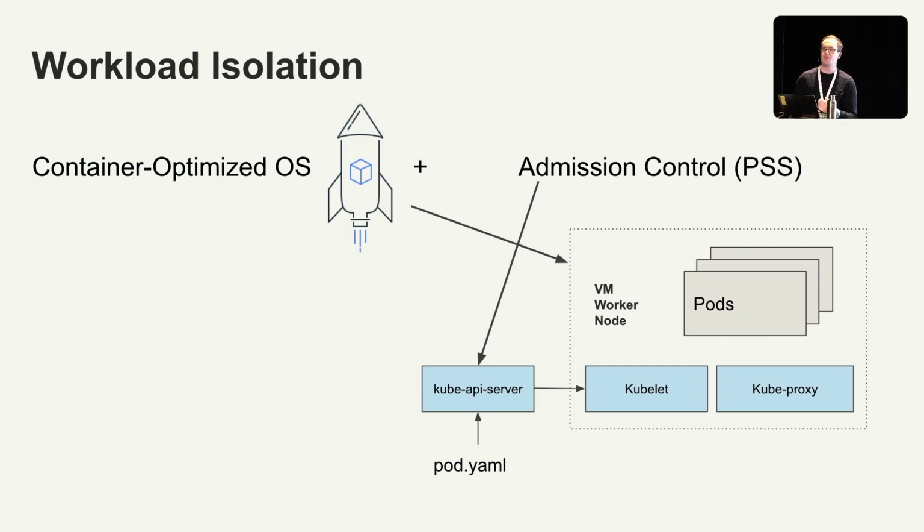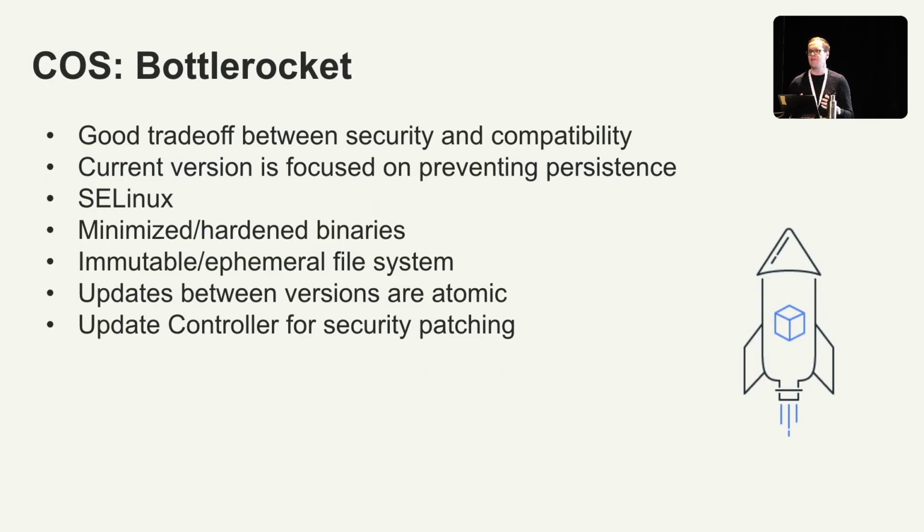You have the container-optimized OS called Bottlerocket, which is a hardening of the VM. And then you can set limitations on what kind of security settings are allowed into the cluster via the admission control. Bottlerocket was made for this purpose, to be able to run containerized workloads more safely.